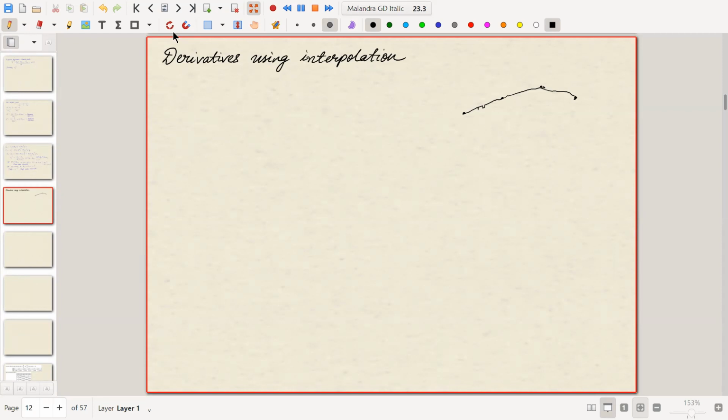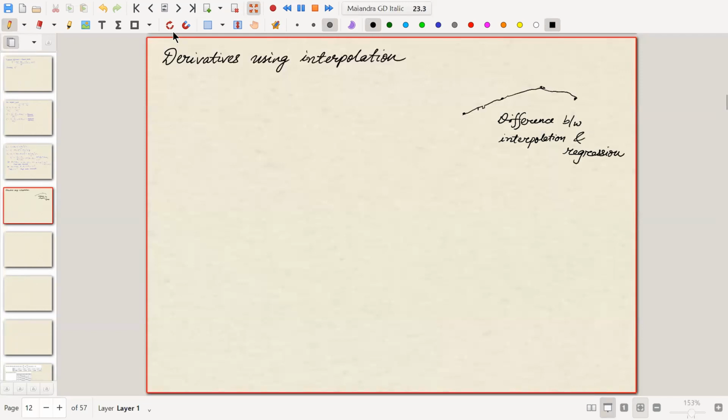Now I give you a task for the next class: what's the difference between interpolation and regression? Usually you might think they are very similar, but there is a very nice difference.